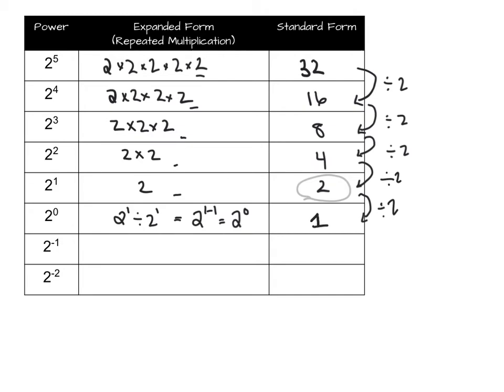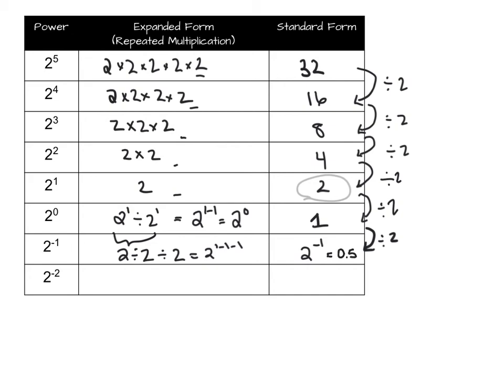Now let's apply this pattern to the next. We're going to divide by 2 again here. So we know that we have, from above here, 2 divided by 2. We're going to divide by 1 more 2. And we know that 2 divided by 2 is 1 and can also be written because we're subtracting, and that will give us a 2, negative 1, which has a value of 0.5.